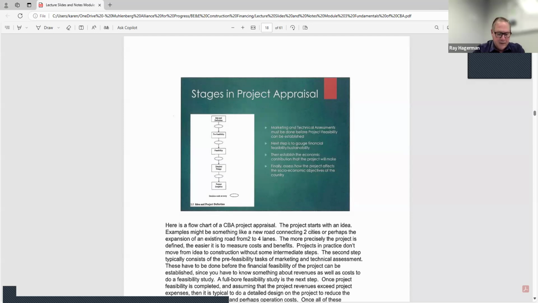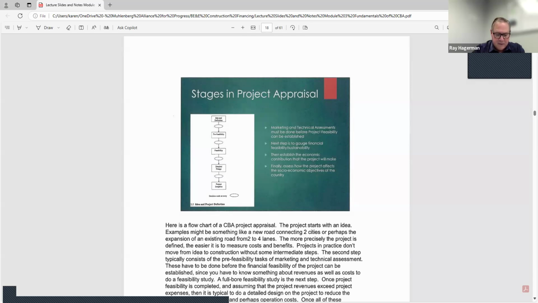So we kind of start with the idea. Somebody comes up with an idea of why we should do something. In this case, somebody did a good job of recruiting a company, getting them interested in the community, and sort of defining what that project actually is.